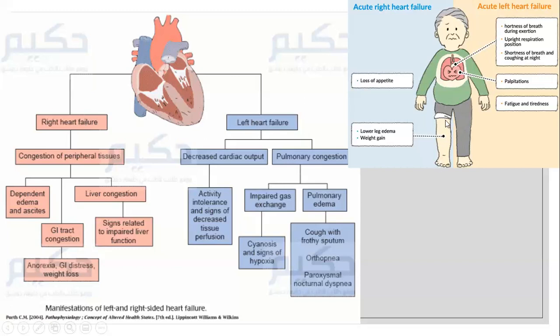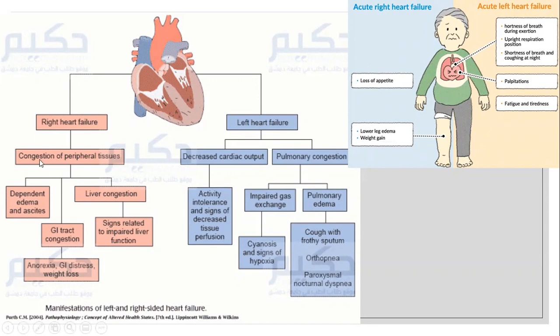So you can see pitting edema, leg swelling. Subsequent engorgement of the systemic vein produces pitting edema or enlargement of the liver, and the patient develops ascites.